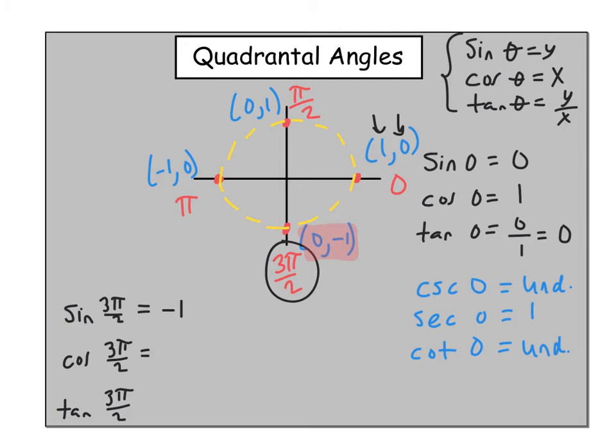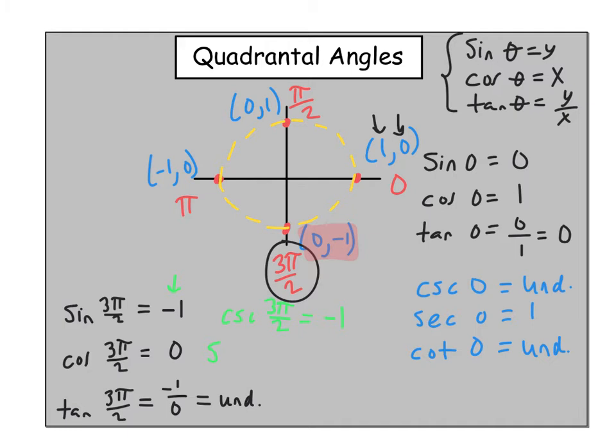The cosine of that angle is the x-coordinate of 0. And the tangent is the y over x. In this case, negative 1 over 0. 0 in the denominator makes the expression undefined. Then the reciprocals, the cosecant of 3 pi over 2 needs to be the reciprocal of negative 1, so it would be 1 over negative 1, which is still just negative 1.